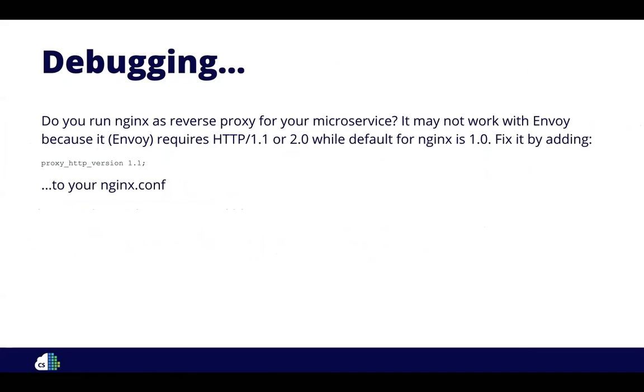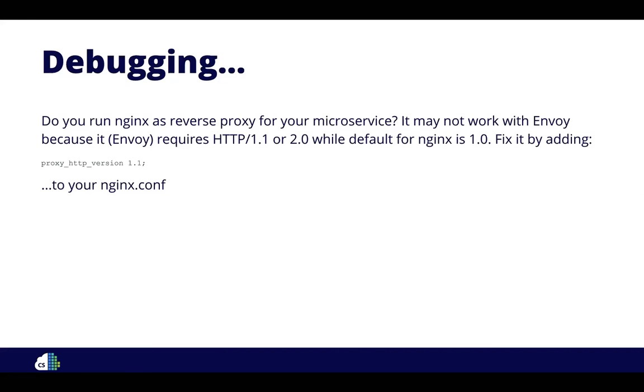Another issue, I have to admit that I'm not sure if that's the case anymore, but there was an issue that if you had Nginx running as a reverse proxy for a microservice, so you have some container with an application running and you had Nginx in front of it, which by the way you shouldn't do, right? But that's another story. If you have, then it wouldn't work with Istio.